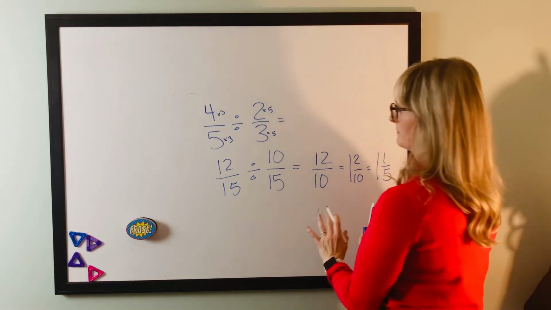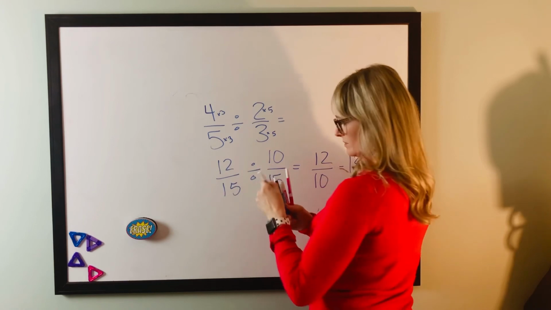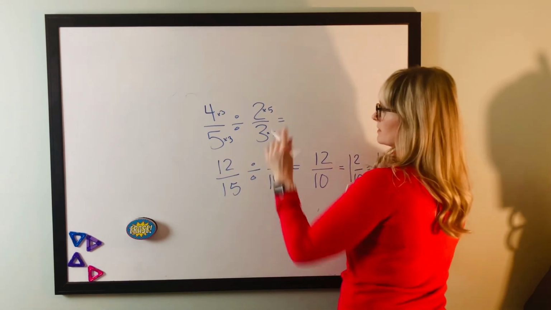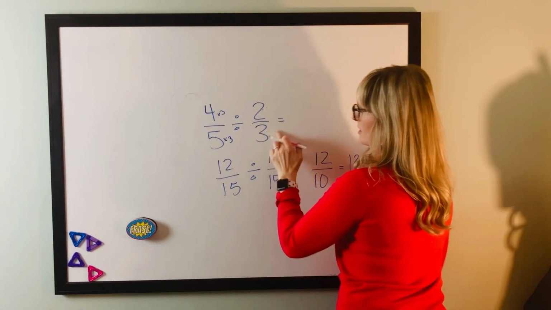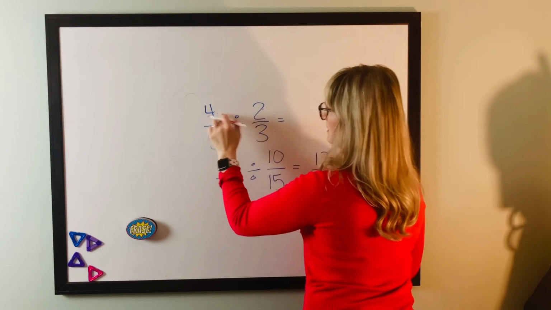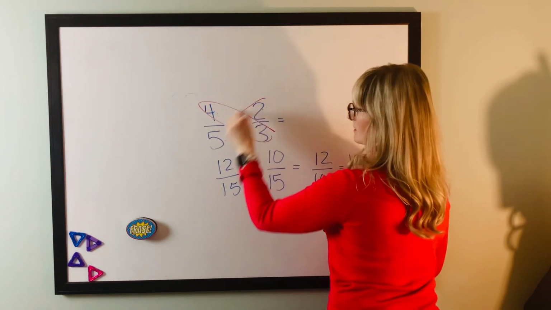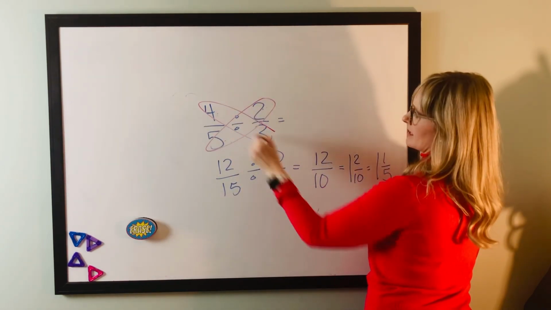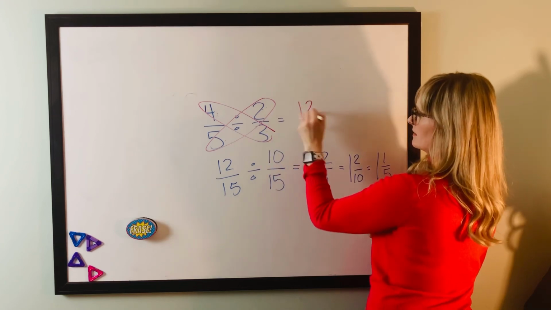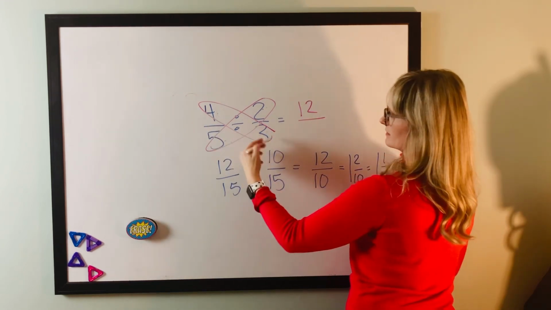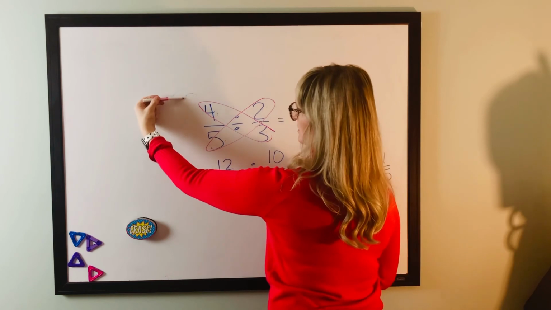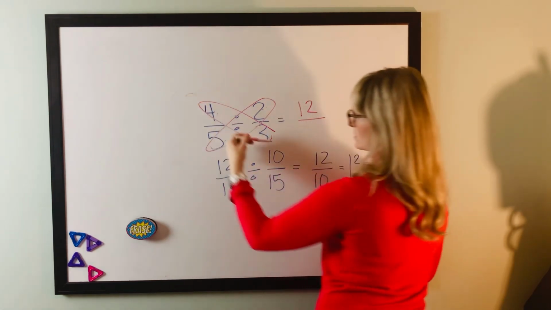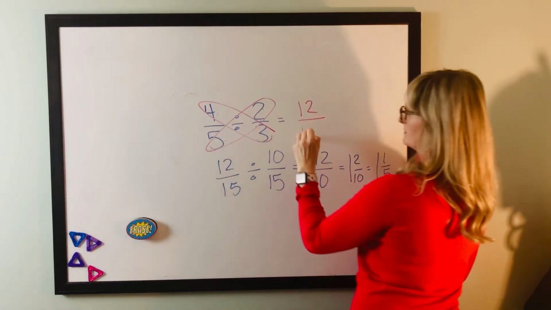Okay, that's fine. Another way you can do it is you can cross multiply. You can say, forget finding a common denominator, I'm just going to cross multiply. And I'm going to have 12. So you go, like you're reading a book, you start at the top and you go left to right. So 12, and then 10.